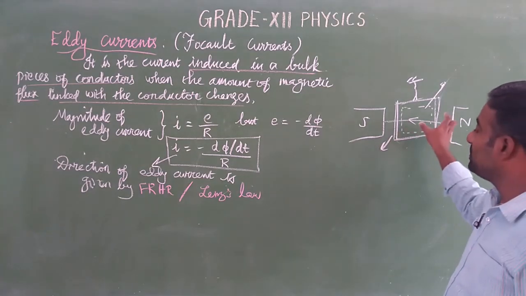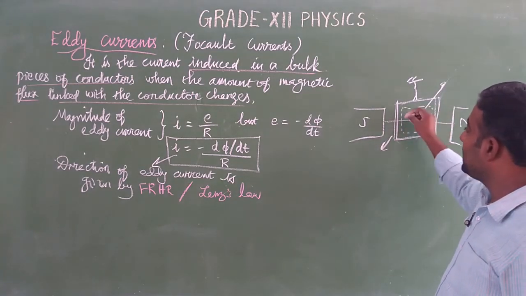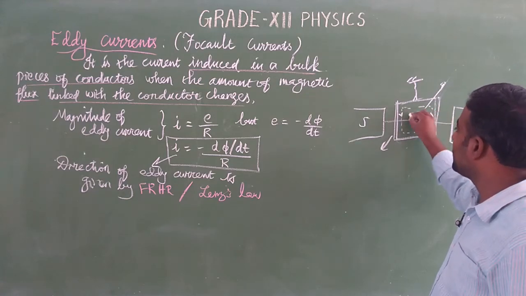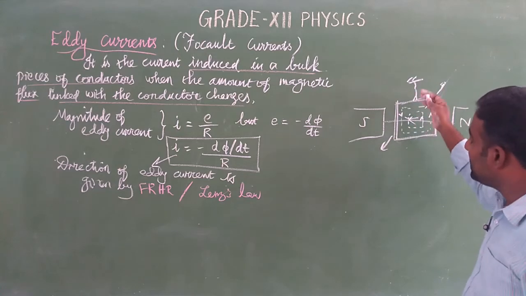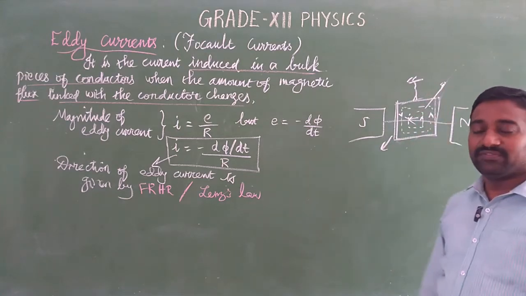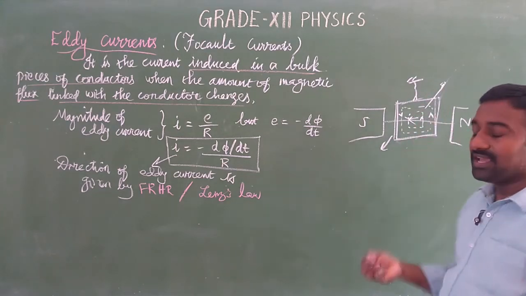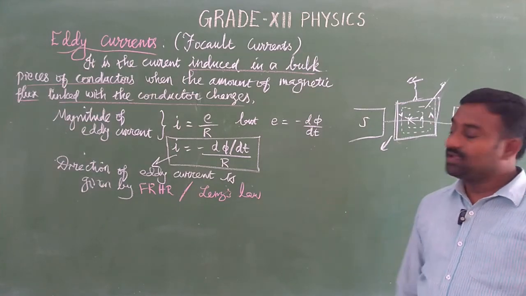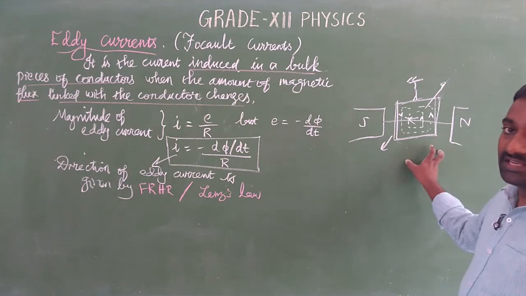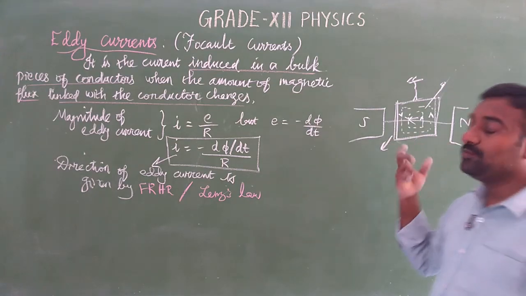Due to the relative motion between the magnetic field and the conductor, again the current is induced within the conductor, which makes it move further away from the region. So this looks like a swirl in water. So that is called eddy current. The word eddy means swirling in water.